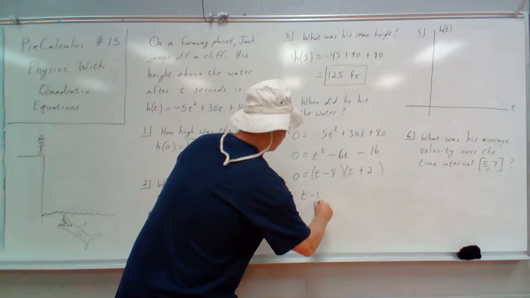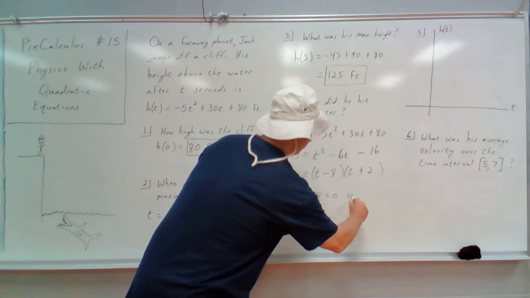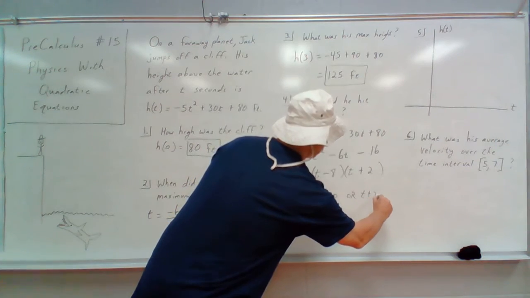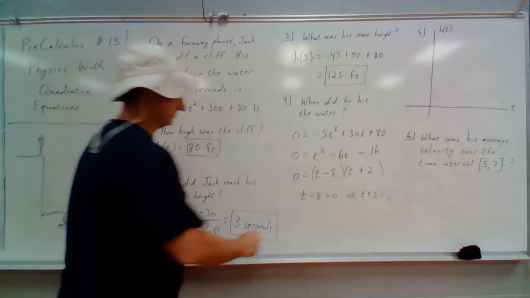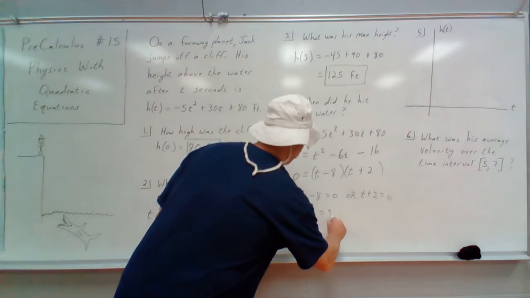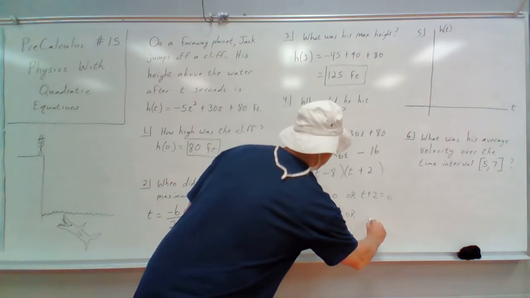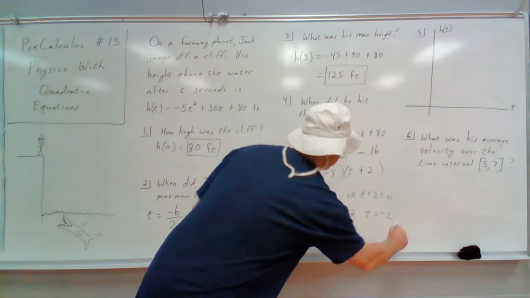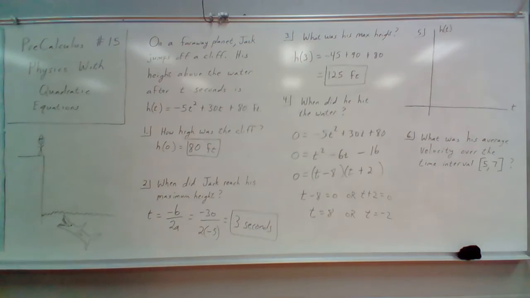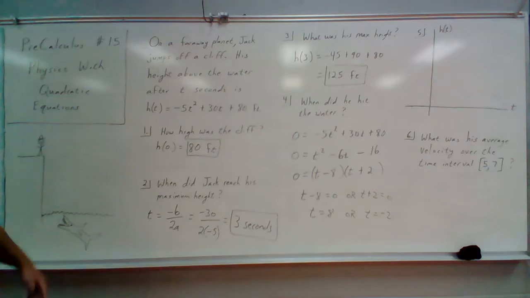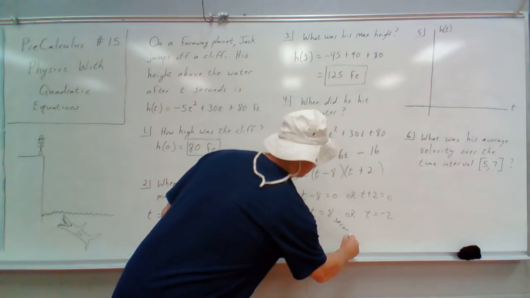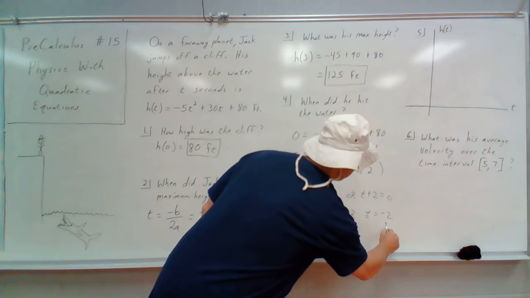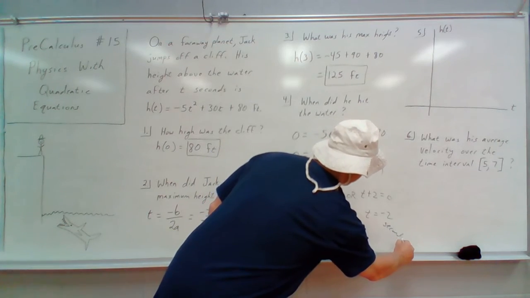So either t minus 8 is equal to 0, or t plus 2 is equal to 0. So either t is equal to 8, or t is equal to negative 2. T represents seconds, so this is 8 seconds, or negative 2 seconds.